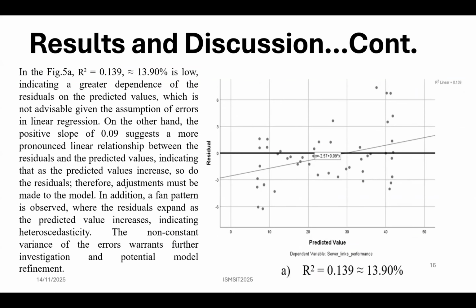Basically, we can indicate there is a great dependence of the residual on the predicted value, which is not consistent with the assumption of errors in linear regression. On the other hand, the positive slope of 0.09 suggests a more pronounced linear relationship between the residuals and the predicted values, indicating that as the predicted values increase, so does the residual. Therefore, adjustments must be made to the model.